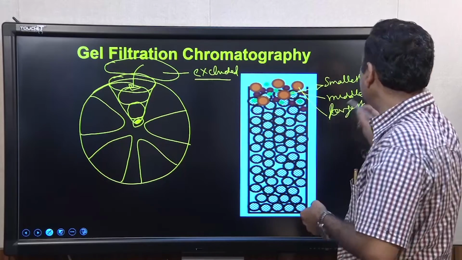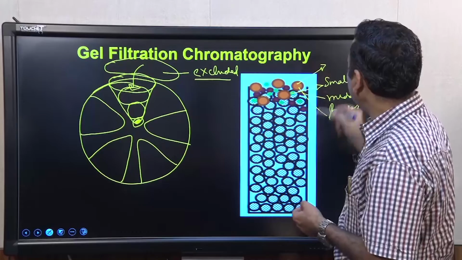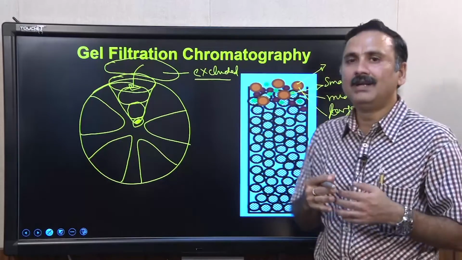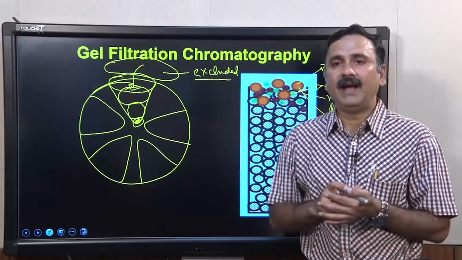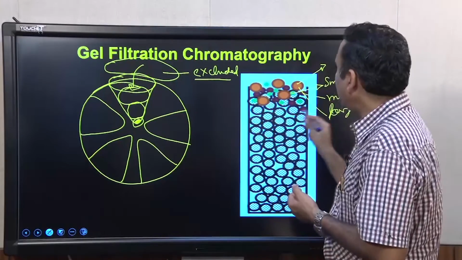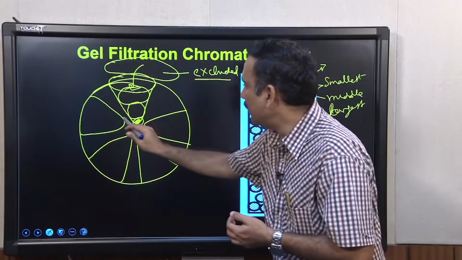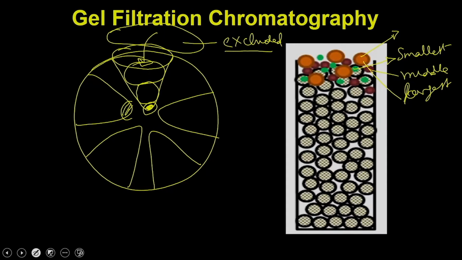Because the orange is the largest molecule, it takes more time to travel throughout the column, and as a result all these molecules are competing for entering into the pores.